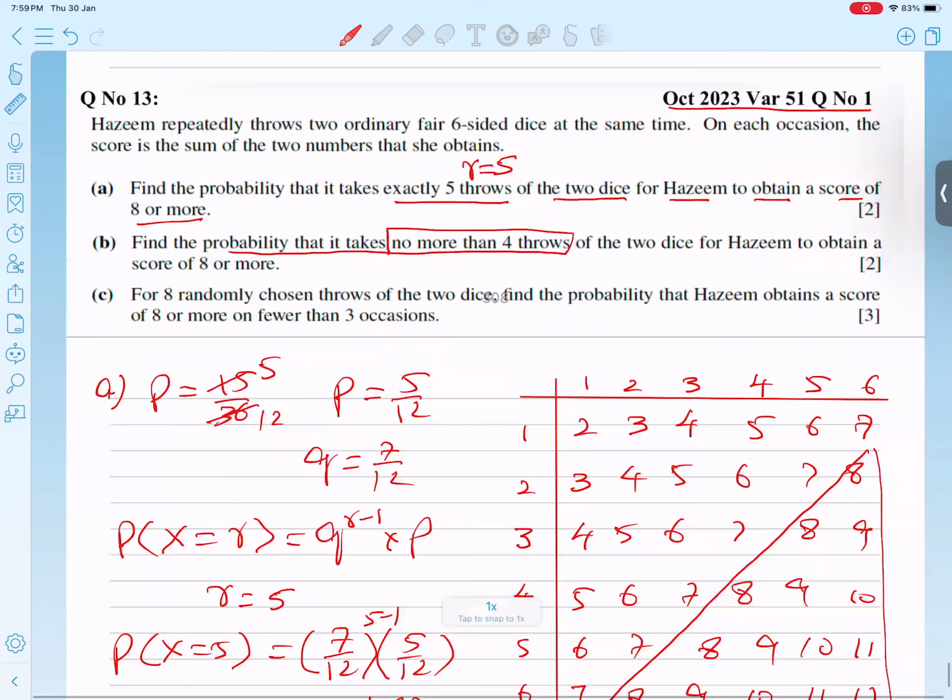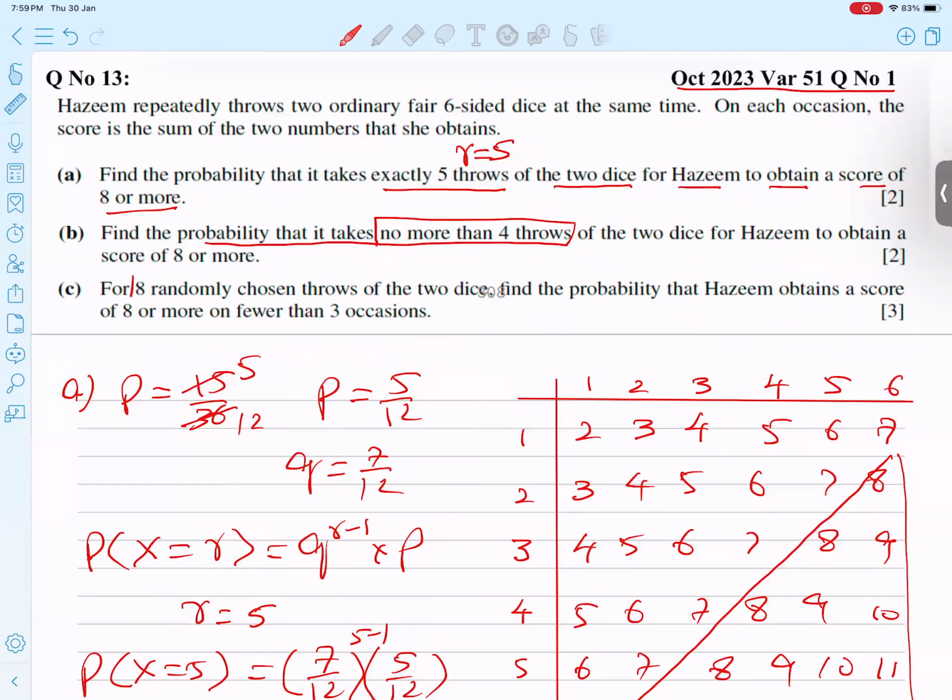Now for part C, the 8 randomly chosen throws mean n is equal to 8. So a sample of 8 is given, and when a sample is given, n is given specifically. So this is a topic of binomial probability. Find the probability that Hazim obtains a score of 8 or more.